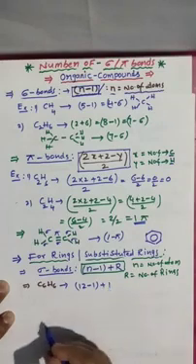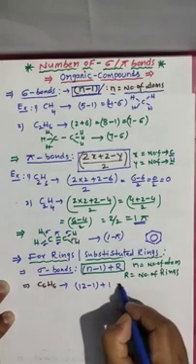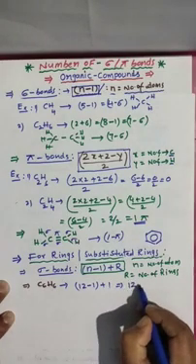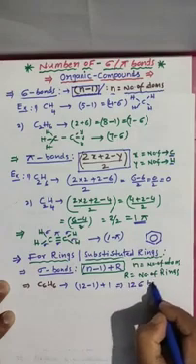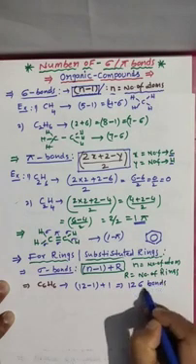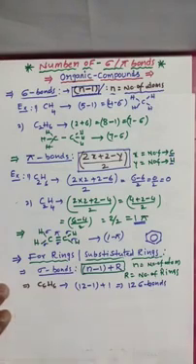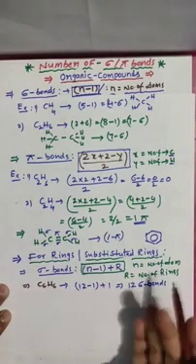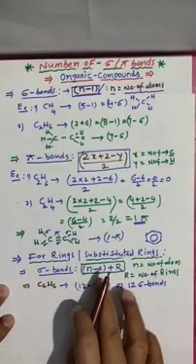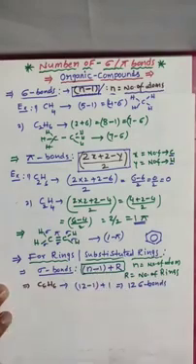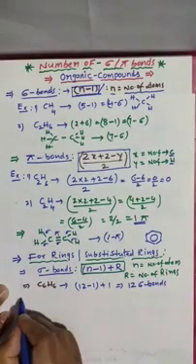So plus 1. And plus 1 minus 1 cancelled and you are getting 12 sigma bonds. You cross check, it will be the same. Next, this is how you have to calculate for any molecule like this. This is the formula. And now pi bonds, how to calculate?